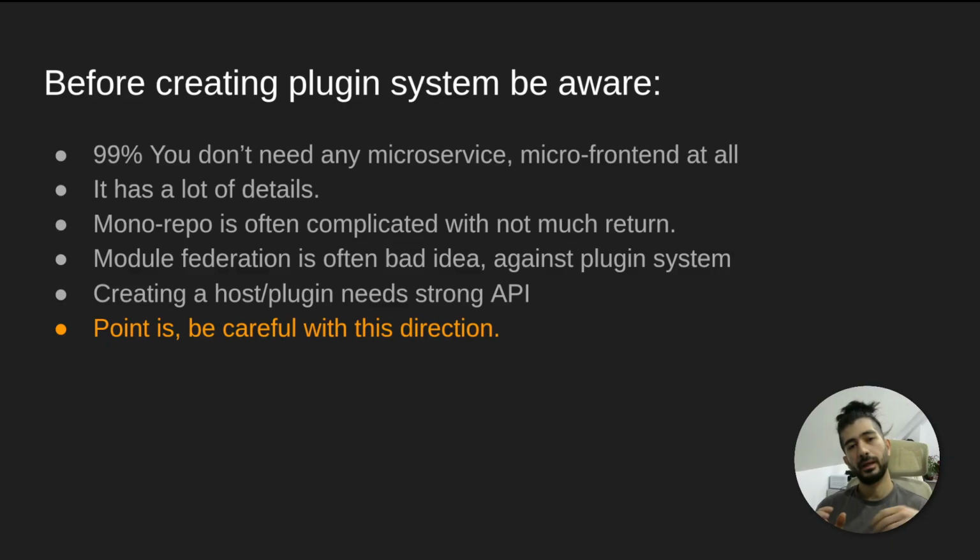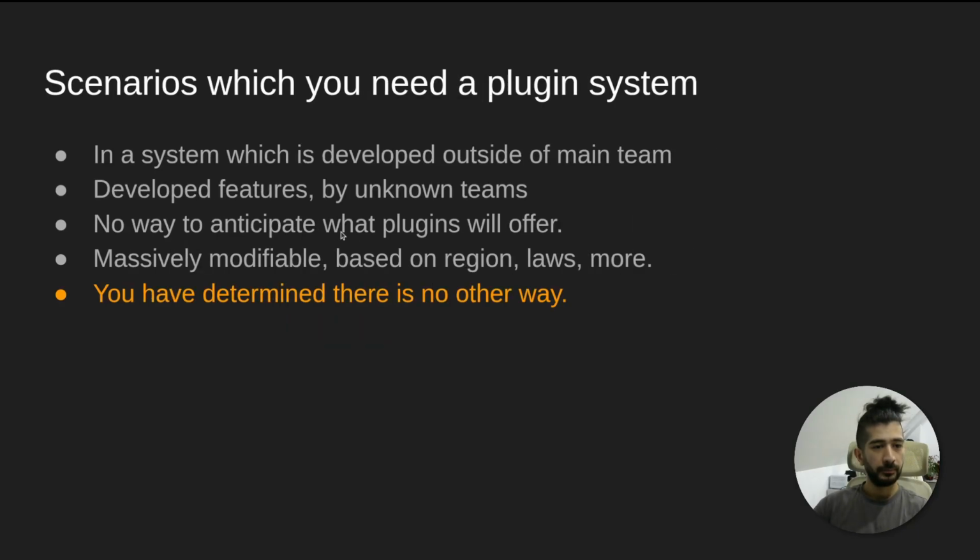Then you have to say which range of host versions a plugin works with, not the packages inside of that. Though it sounds a bit complicated, it's doable, but if it doesn't bring you any money or value, then why would you want to do that? The general point is be careful with this direction. It's just too much work.